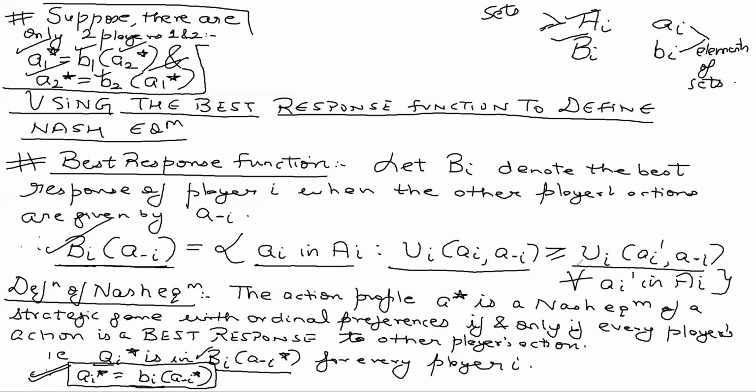If and only if every player's action is the best response to the other players' actions. That means player 1's action is the best response to player 2's action, and player 2's action is the best response to player 1's action, provided there are only two players. In general, I can say A_i star is equal to B_i as a function of A_minus_i star.